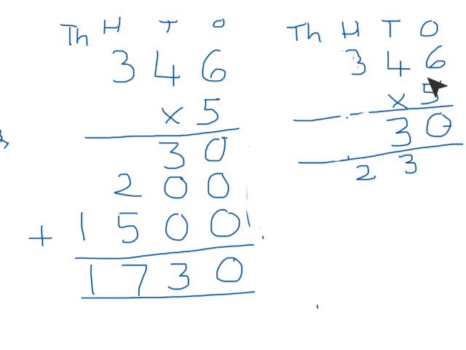So we say, what is 5 times 3 hundreds? Well, 5 times 3 hundreds will be 15 hundreds. But we're not finished because we've got the 2 hundreds from the last step. So we say 15 hundreds add on 2 hundreds will give me 17 hundreds.